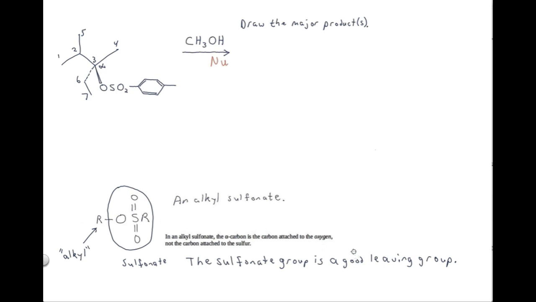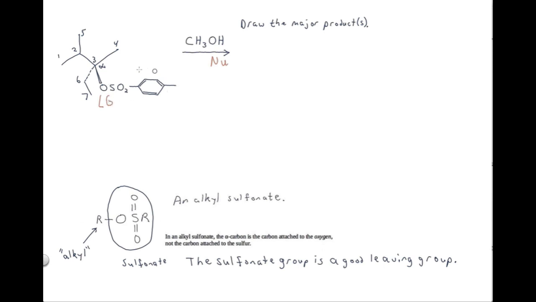Now we want to identify which atom in the sulfonate is going to be the leaving group atom. Well, remember that the leaving group is attached to the alpha carbon. And we know this is the alpha carbon. That means this particular oxygen is the leaving group atom.